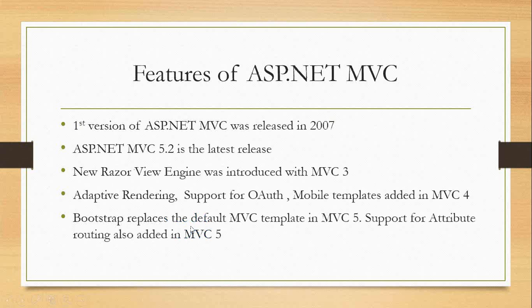So if you look at the features of ASP.NET MVC, we have been talking about the MVC pattern and its implementation with ASP.NET web application scenarios starting from 2007, where we had the first version of MVC released as MVC version 1.